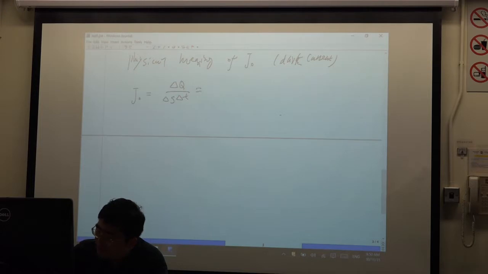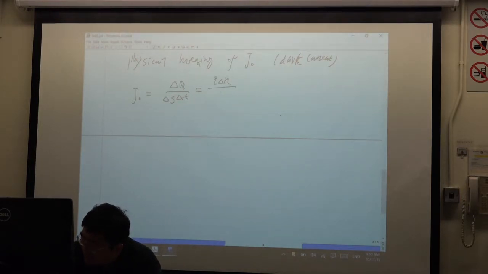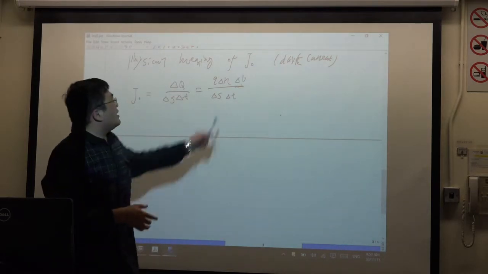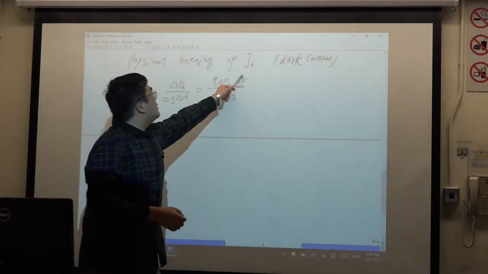How about Q? I use generation rate. Delta Q over delta T. I use N, delta N. Actually I use Q better. The change of electron density times volume is charge, so Q is the charge density.